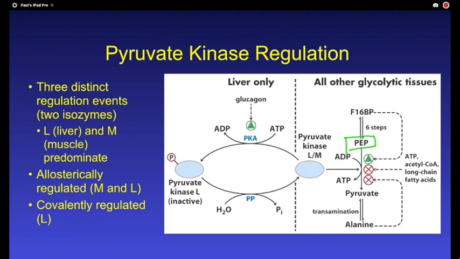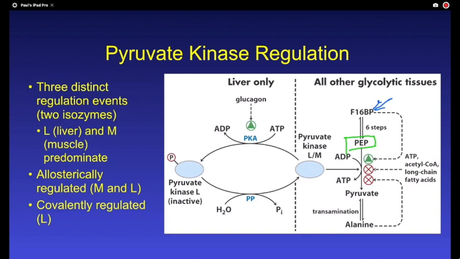Why does fructose 1,6-bisphosphate make it go? Well, if you've got lots of starting material, it tends to make the whole process go. And so this one's a feed-forward regulator. I have lots of starting material.